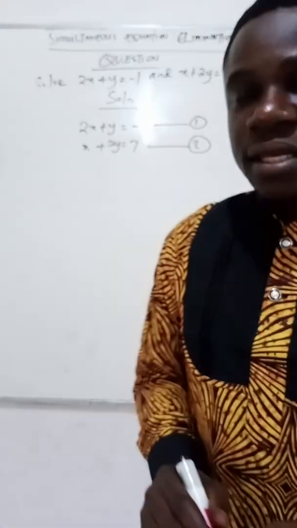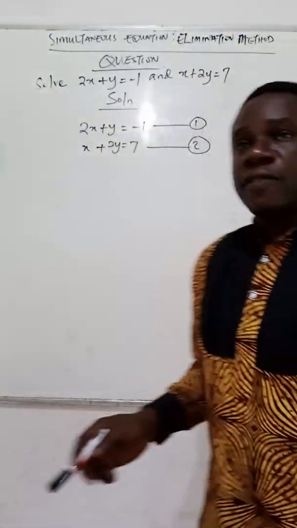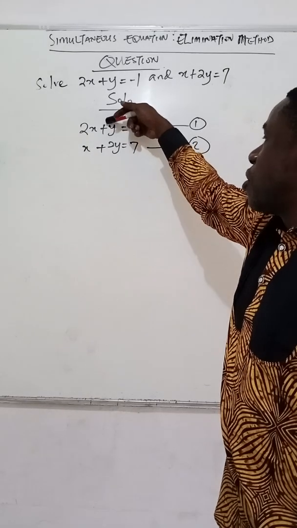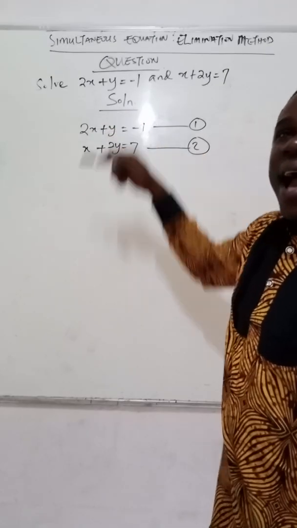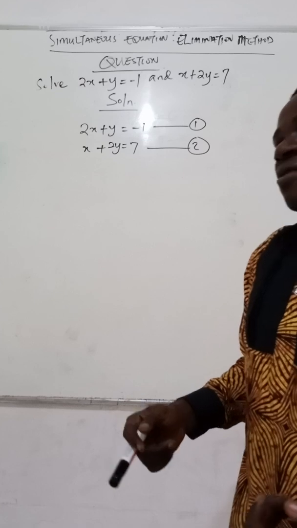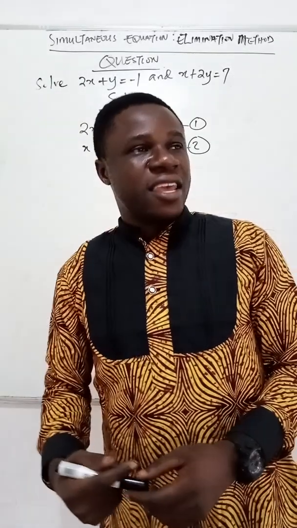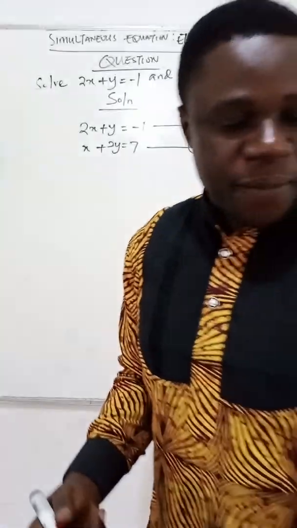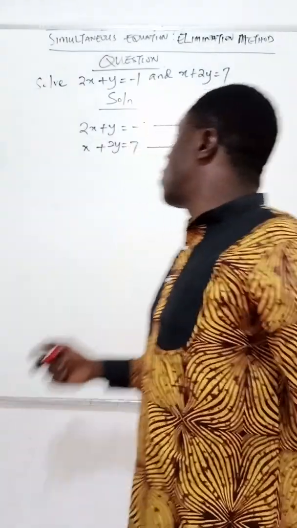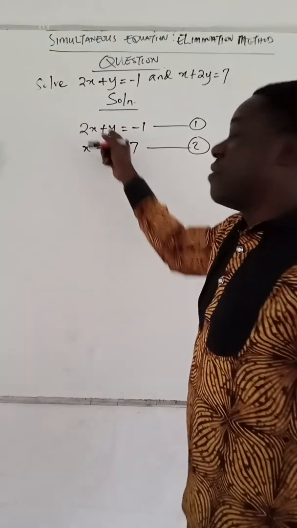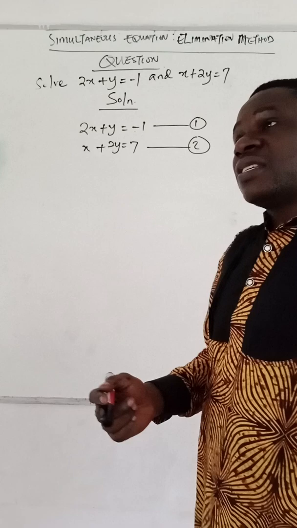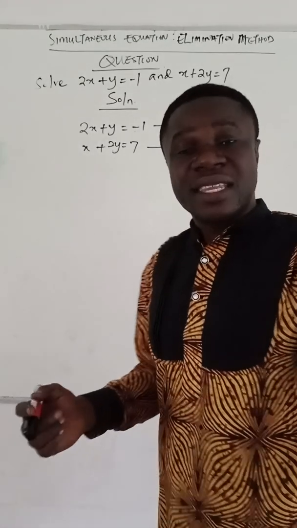Now, for us to eliminate the terms in y, it is pertinent for us to note that the coefficients of y have to be equal in terms of the numbers before them, not including the sign.